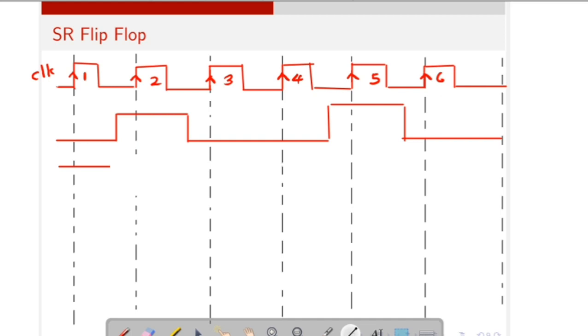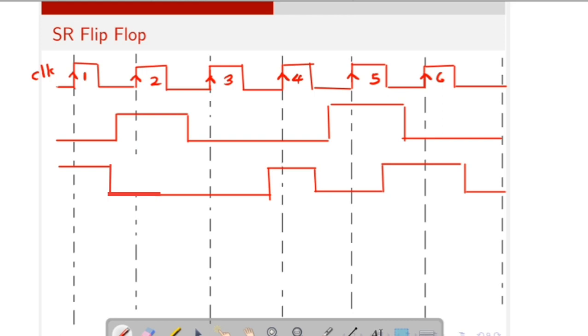Okay, then it becomes 0. Okay, then it will become 1, right? Then it is 0. Okay, then it is 1, then 0. Okay, so here it is S R.